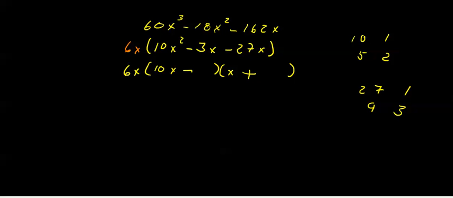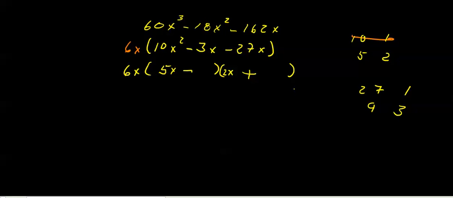And lastly, I tried the 3 here, the 9 here, 90 minus 3, no, that's not going to work either. So we have eliminated, rather quickly, 10 and 1 as an option. So now we have a 5x and a 2x.